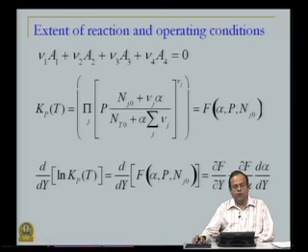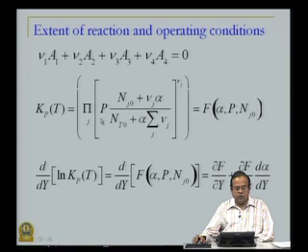If I know that, then I can decide what operating conditions I should be using. The choice is obvious: whatever leads to an increased value of extent of reaction is the condition we are looking for. So, how do we find out?